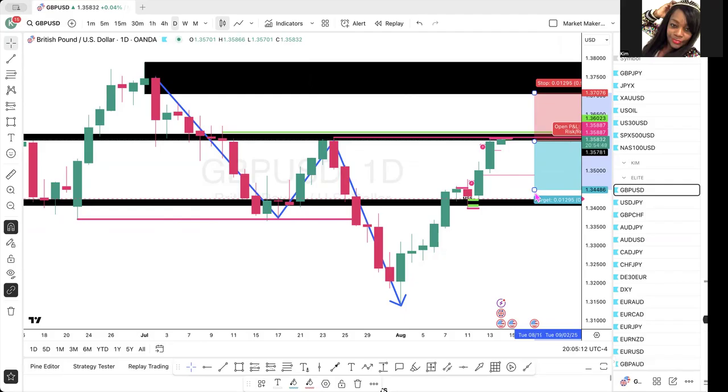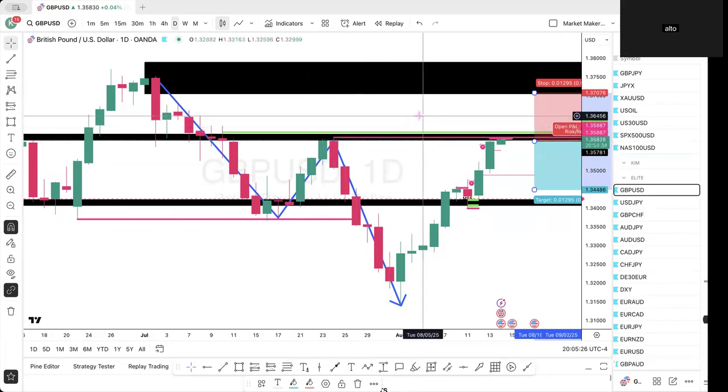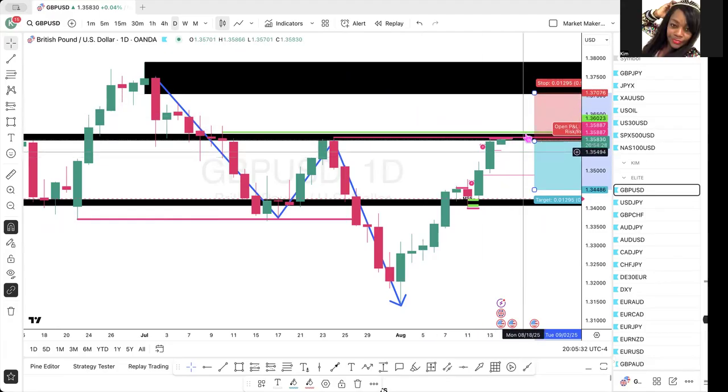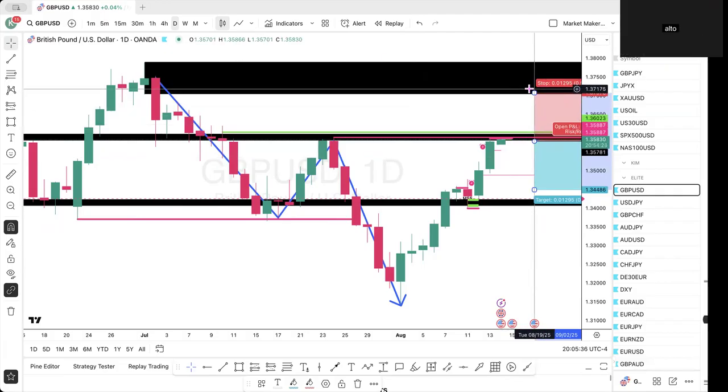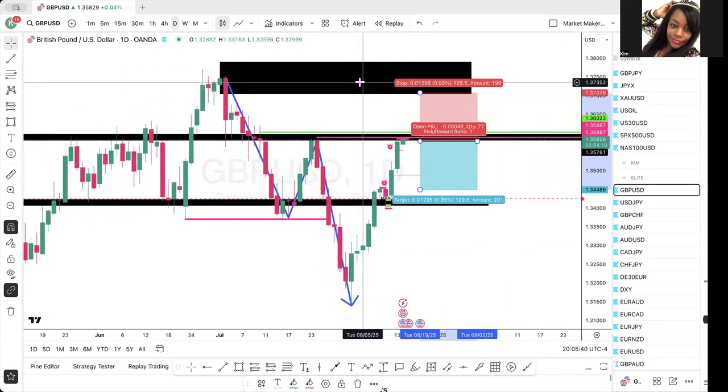That is why I drill market structure. Because if price breaks this high, then that's a whole other story. That means it should be going back up, hypothetically speaking, pull back and then keep buying, and then sell from here.